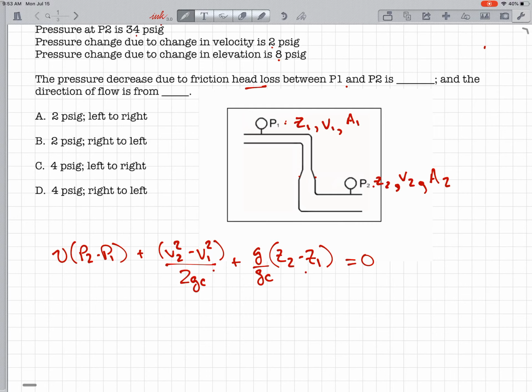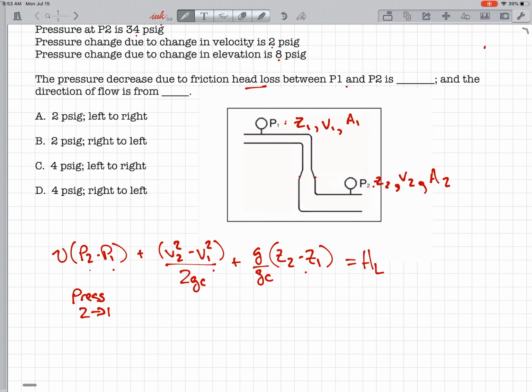But in a real pipe, instead of 0, that is going to equal head loss. Now head loss from where to where? So since this is pressure 2 minus pressure 1, this is going to be the pressure drop from 2 to 1.